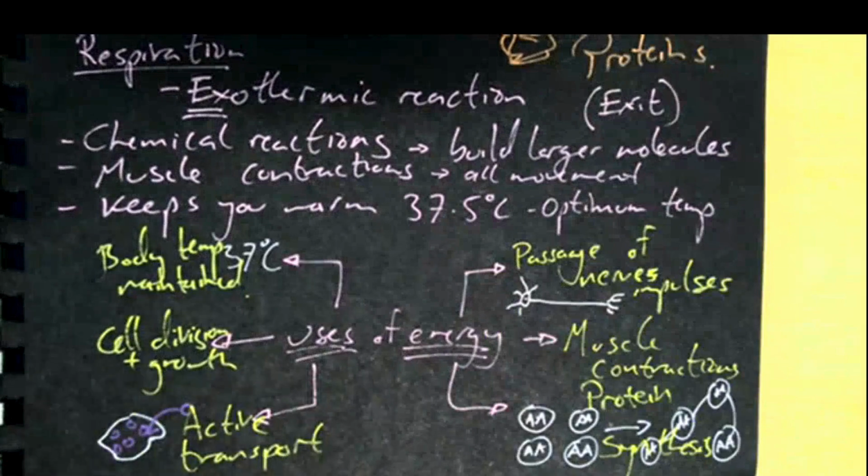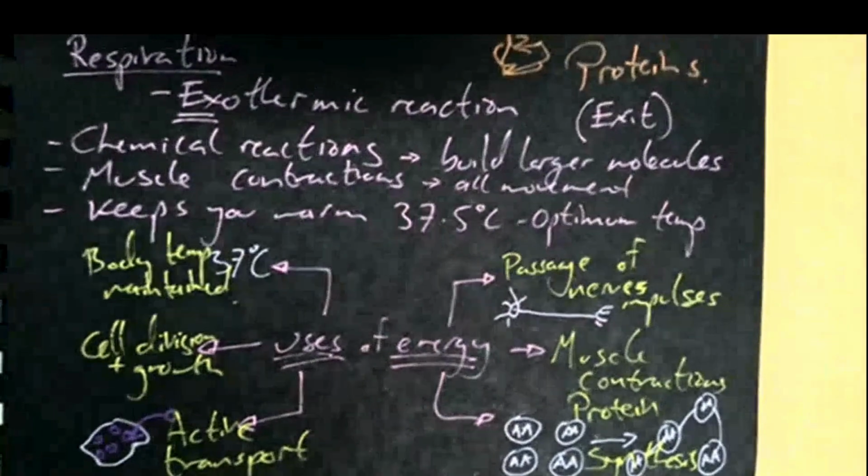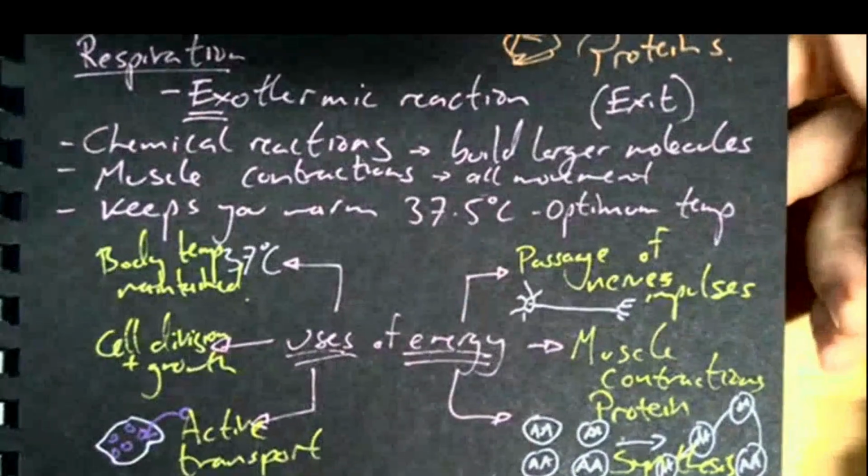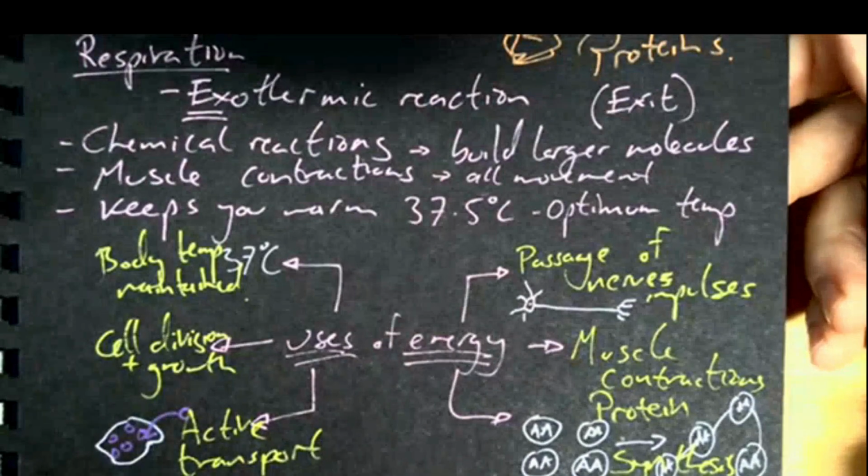So we need to know the formula. It's worth knowing the word equation, and then also knowing the balanced symbol equation. So let's have a little go at that. Let's try both of those now. Let's do the word equation first. I'm just going to draw some lines so you can have a little go at filling it in.